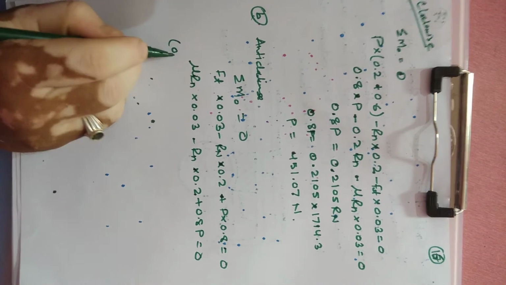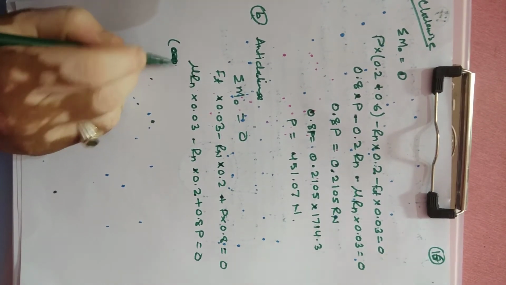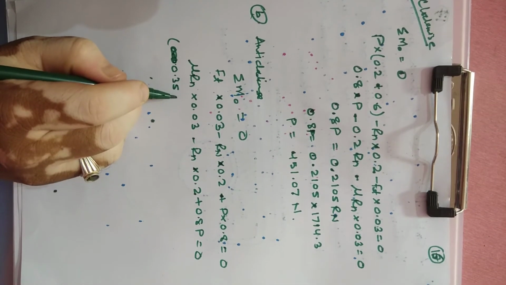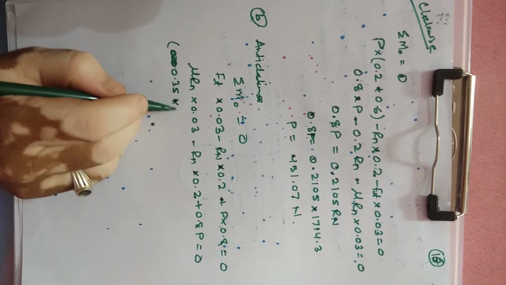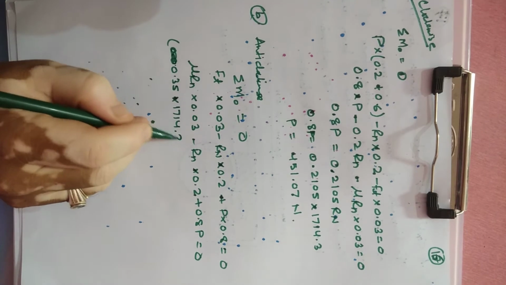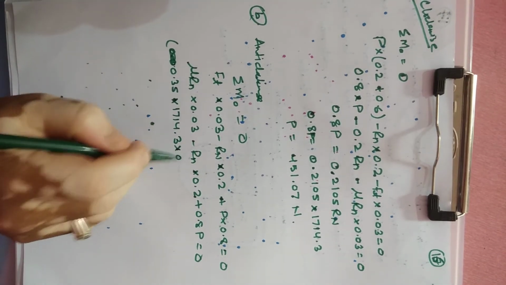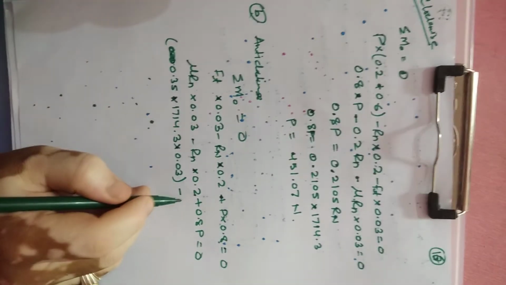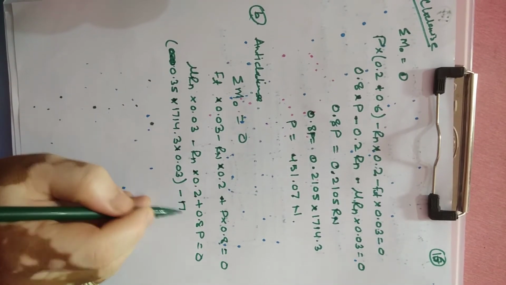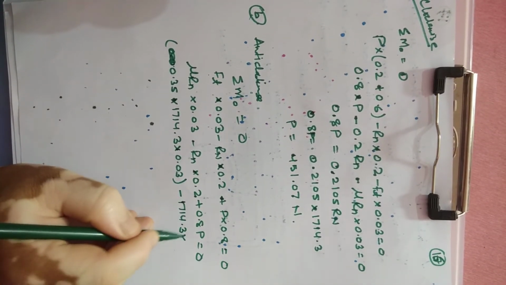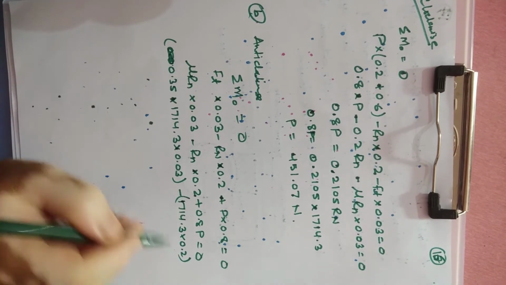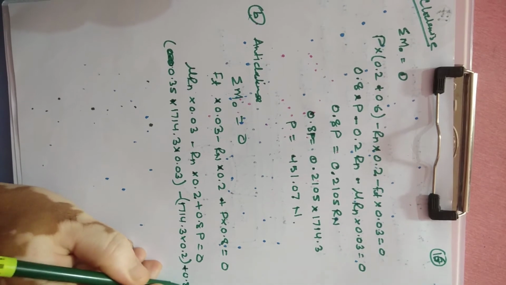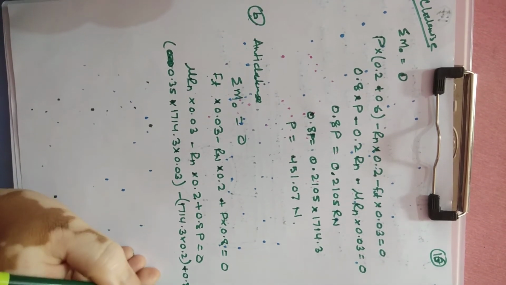Now mu is 0.35 into Rn, 1714.3, into 0.03, minus the value of Rn, 1714.3, into 0.2, plus 0.8 P equals 0.